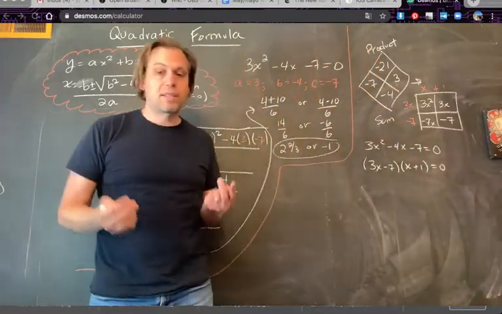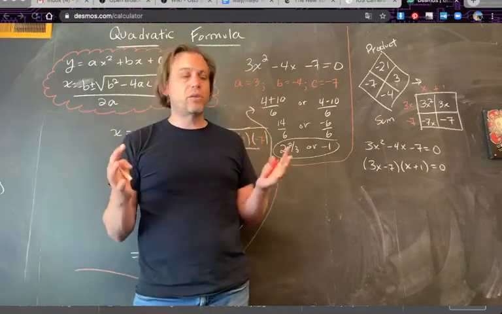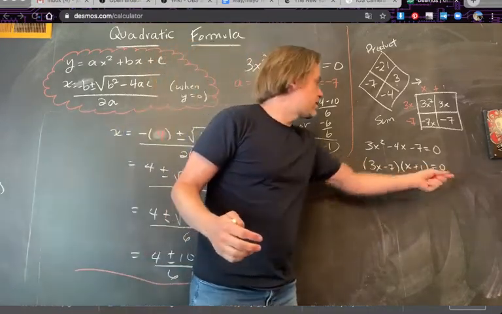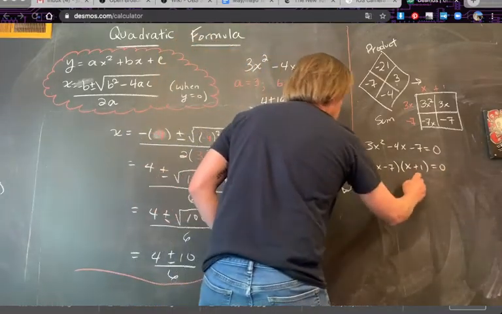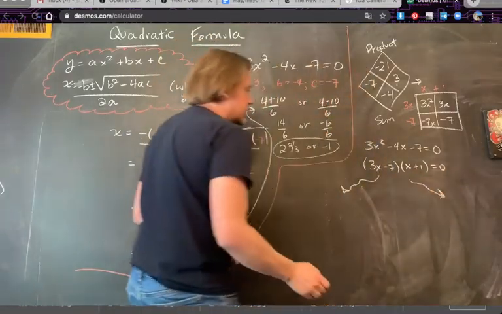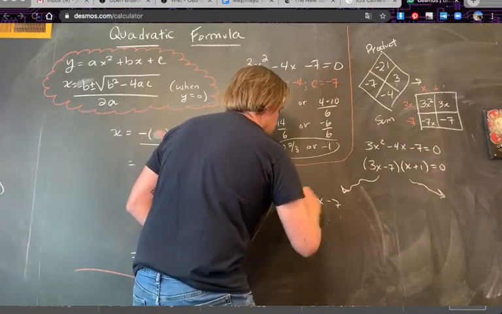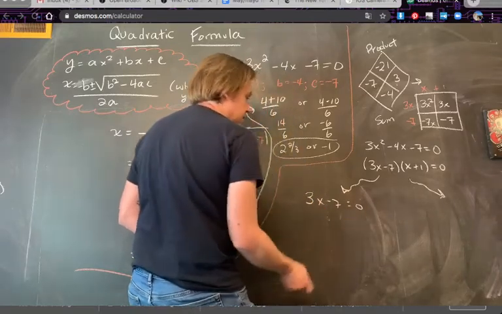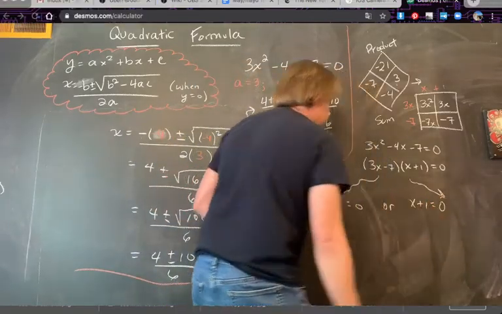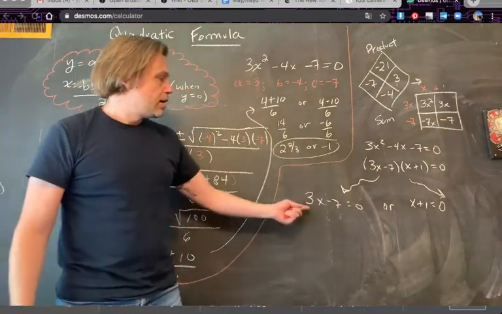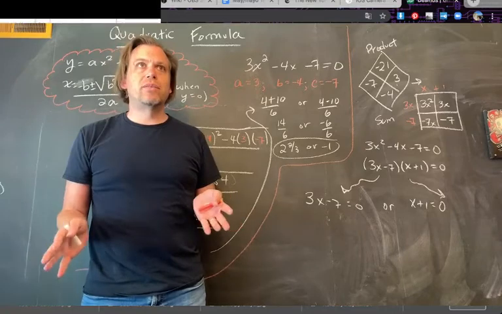Well, here's this thing. If you have two things and they multiply together, then your answer is 0. One of these two things has to be 0. So here, that's equal to 0, or that's equal to 0. Now I can solve both of these just like I did from trimester 1 this year.